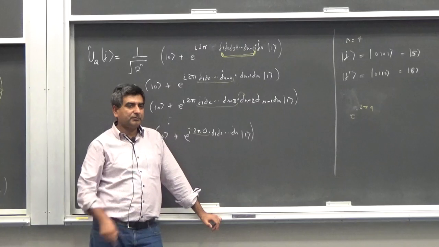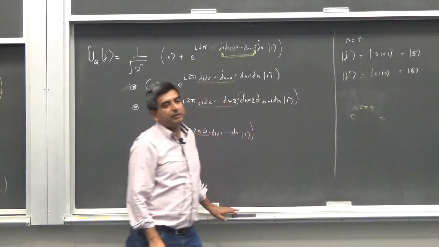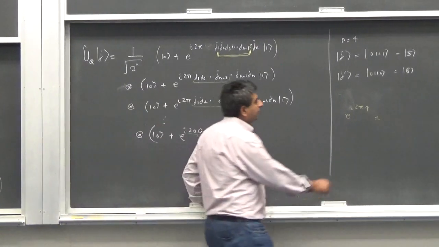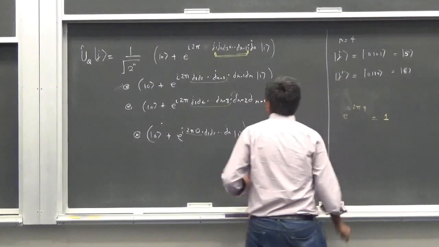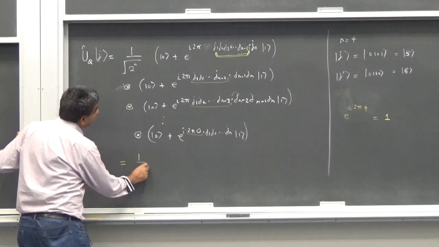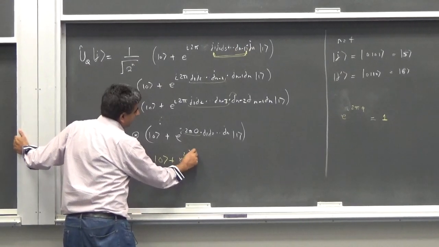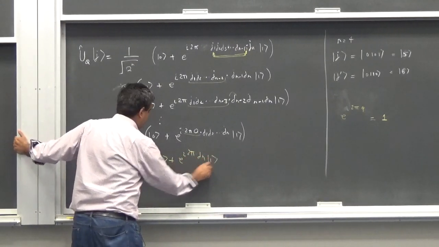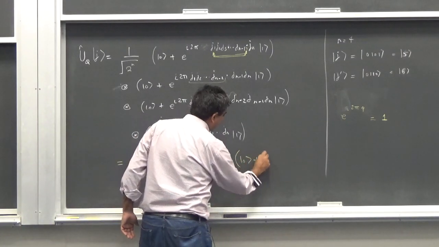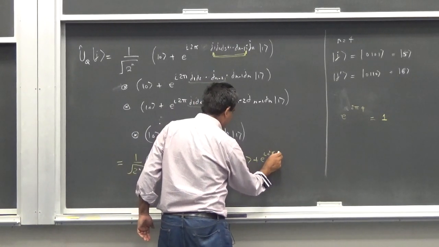So what is this factor equal to? P is an integer. 1. This factor is equal to 1. So 1 doesn't really matter. So you can simplify this further as 1 over 2 raised to the power n, (|0> + e^{i 2 pi 0.jn}|1>), then (|0> + e^{i 2 pi 0.j(n-1) jn}|1>), and so on all the way up to (|0> + e^{i 2 pi 0.j1 j2 j3 ... jn}|1>).